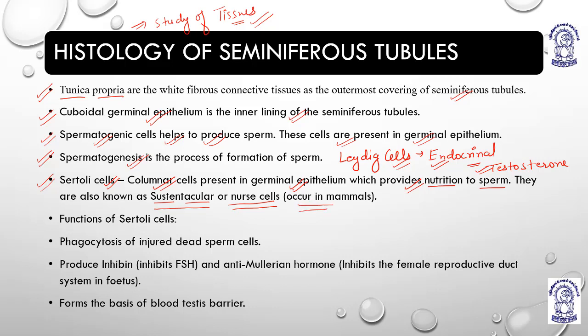The major function of Sertoli cells is to provide food and nourishment to the developing sperm. These cells are columnar in shape, meaning pillar-like: the length is more than the diameter or width. They are also known as sustentacular cells or nurse cells, right?